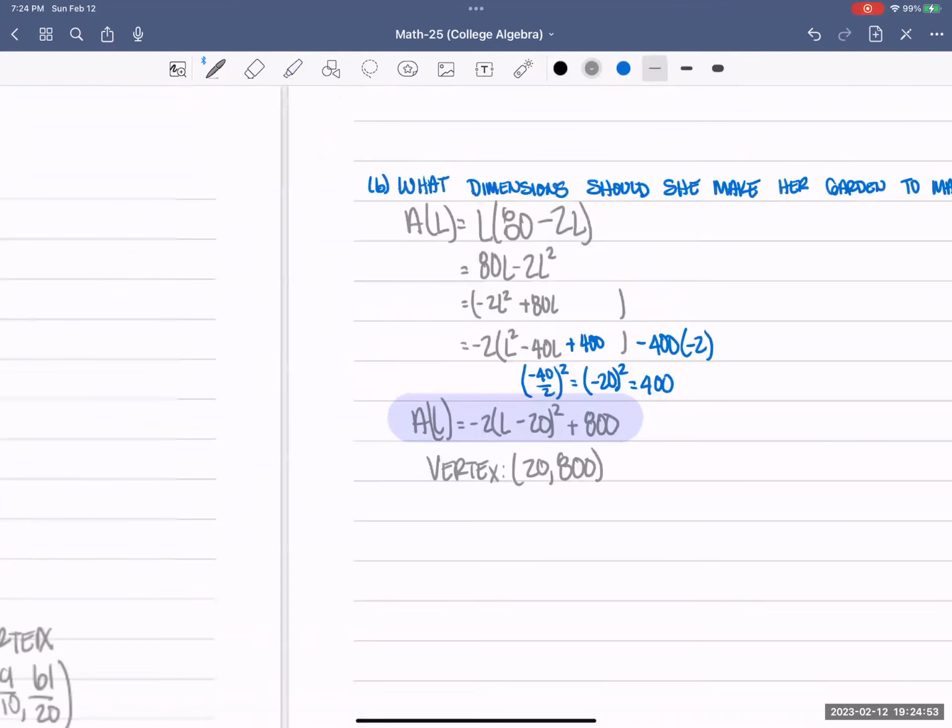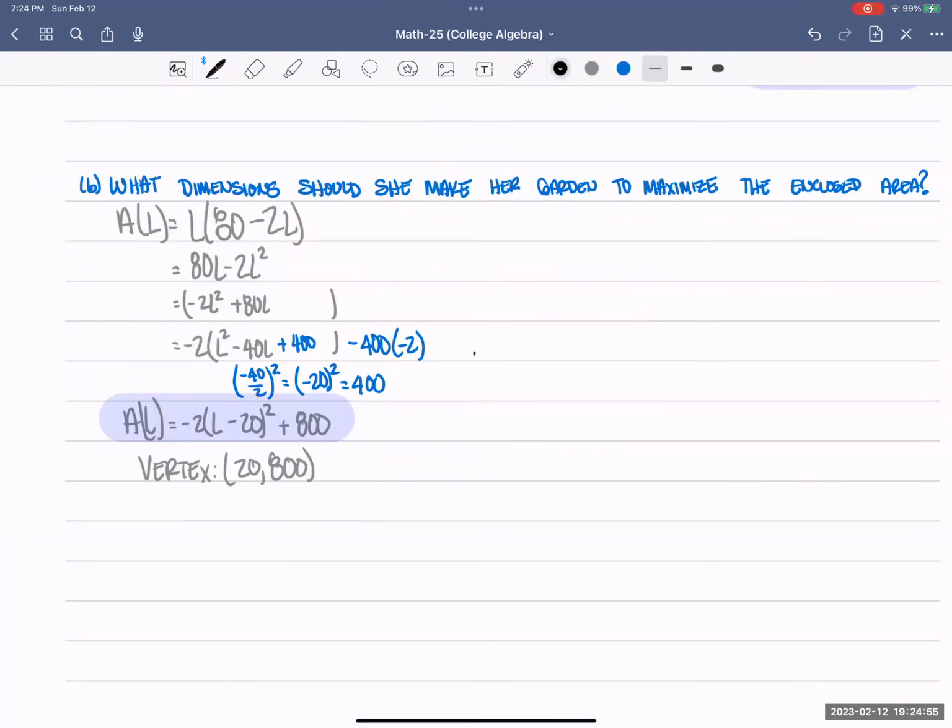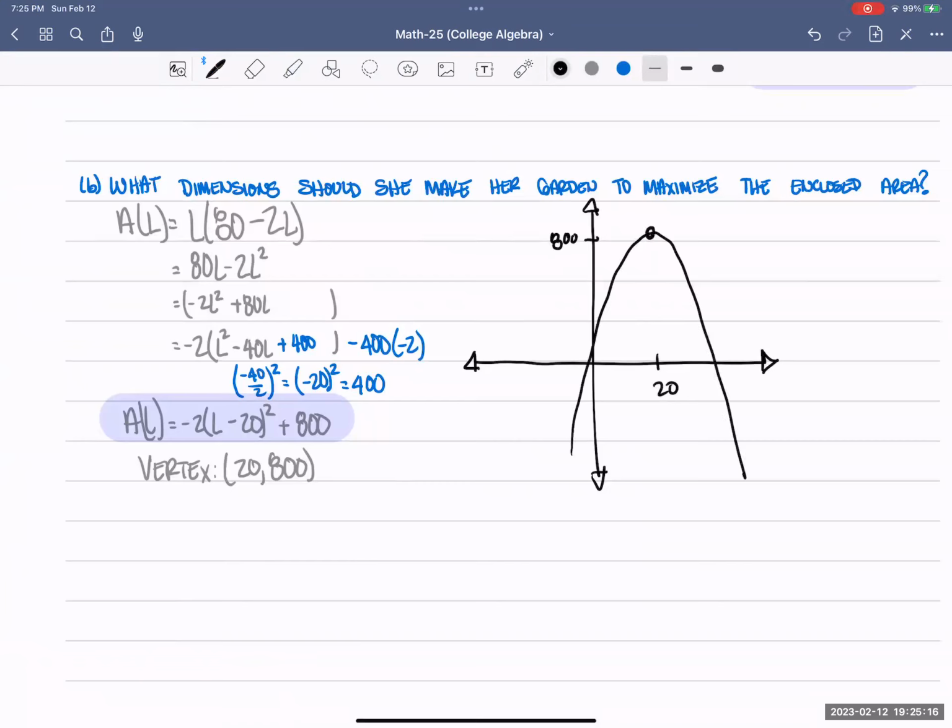If we were to graph this, it's a parabola opening downward because we have -a. Here we have 20, and we'll say this up here is our 800. And we do something like this. So at length 20, we have the maximum area of 800.